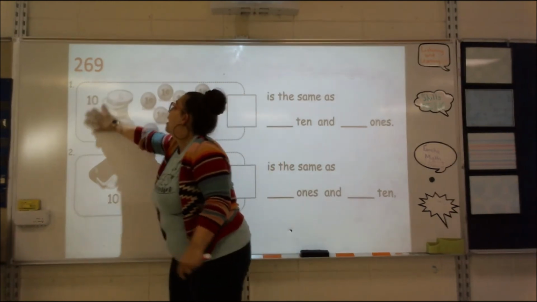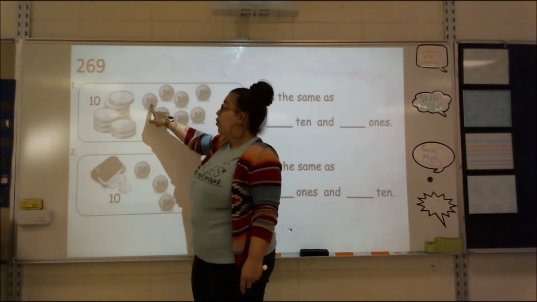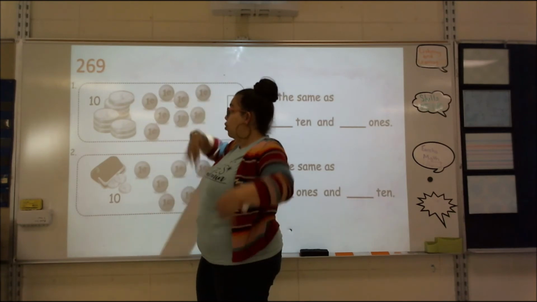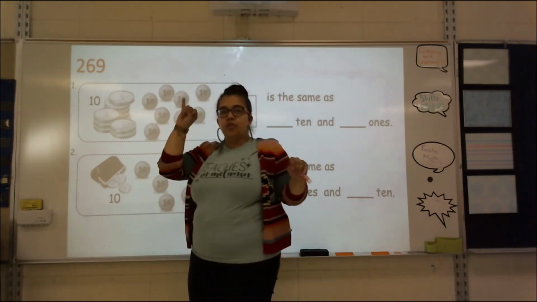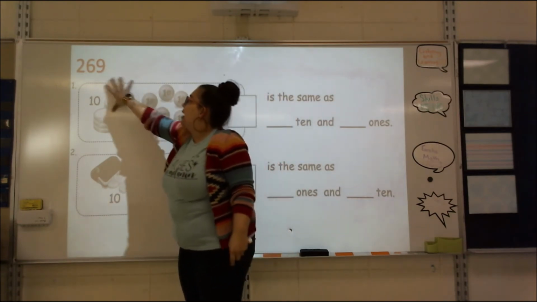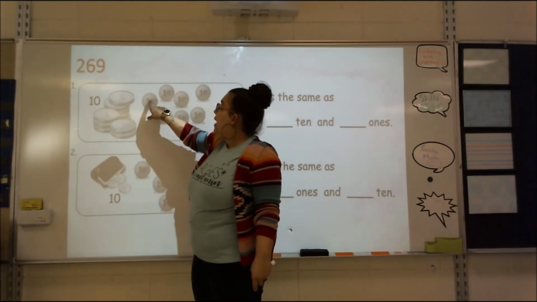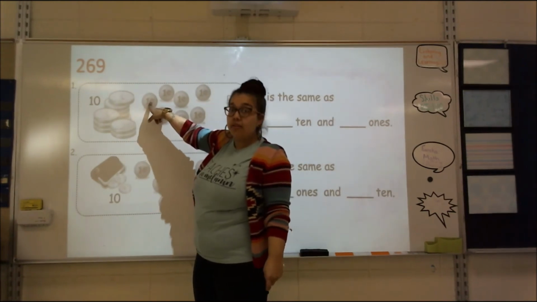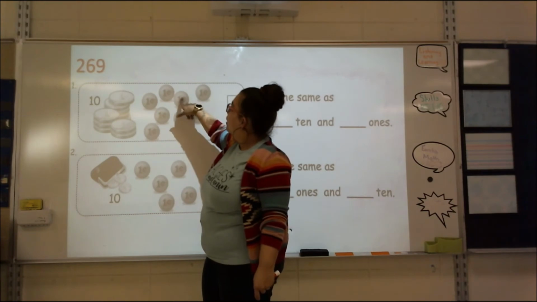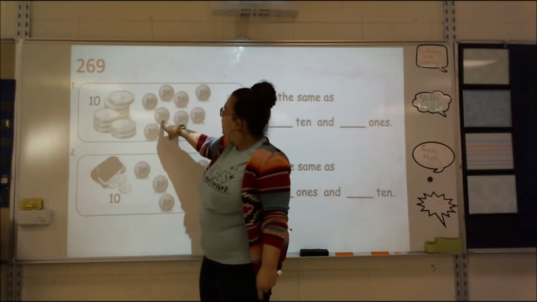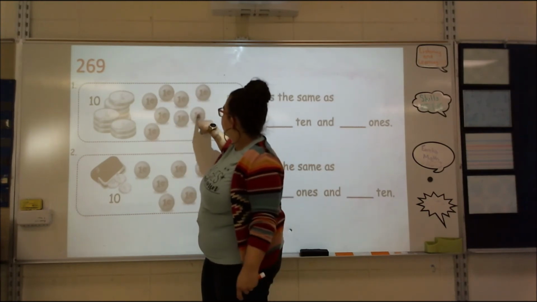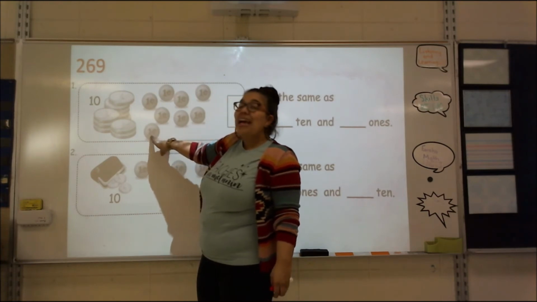So 10. Now we're going to count by ones because these are loose coins, all loosey-goosey, individual, single coins. So 10, counting by ones, 11, because we're counting on, 12, 13, 14, 15, 16, 17, 18.